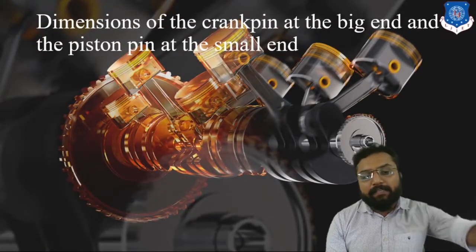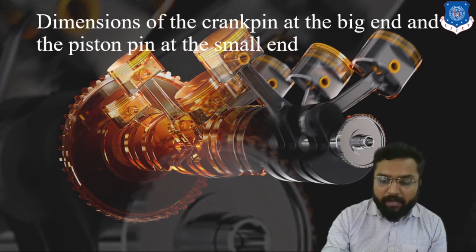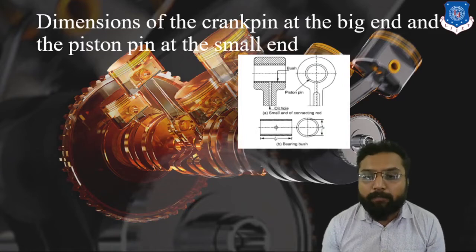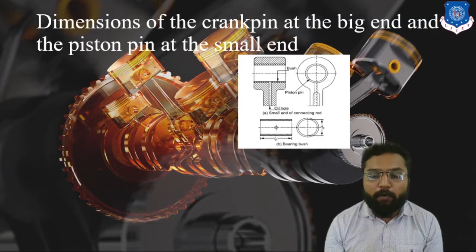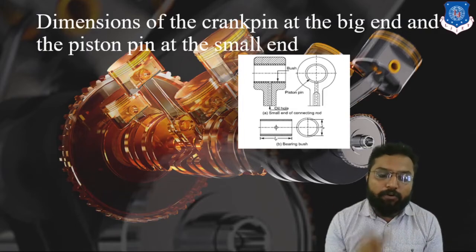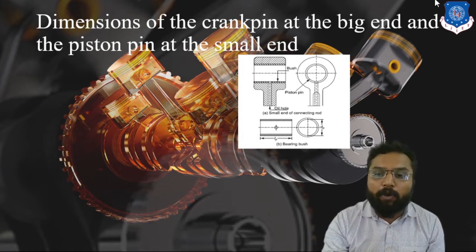After designing this connecting rod cross section area, we are going to determine the small end and big end. For the small end, what is the small end? Here I have shown you a small end. In the small end, there is a bush. The bush is provided at the connecting rod for the piston pin. So your piston pin is lying inside this small end.